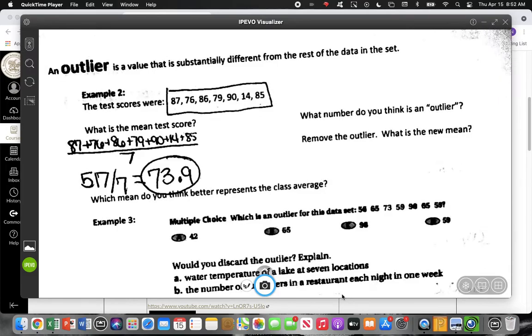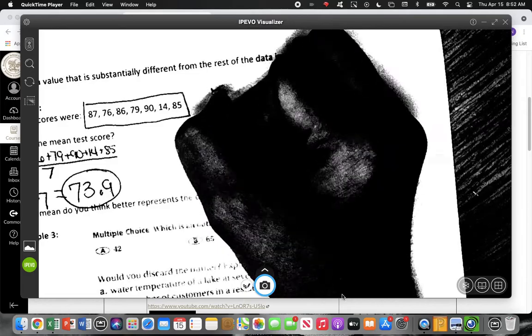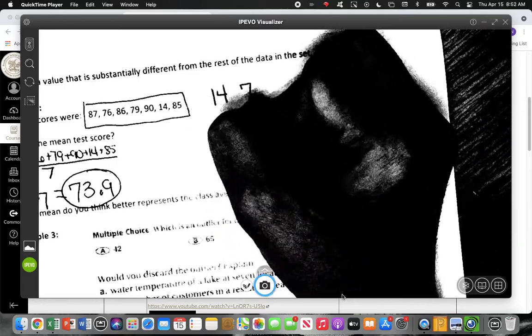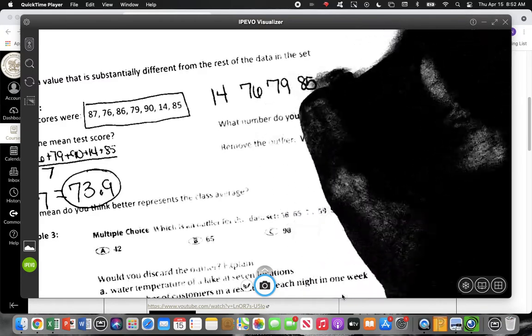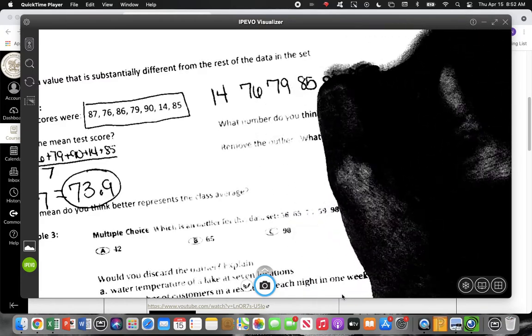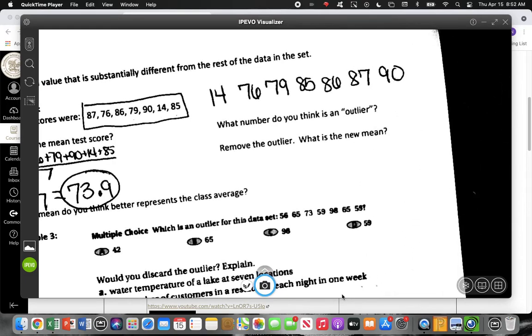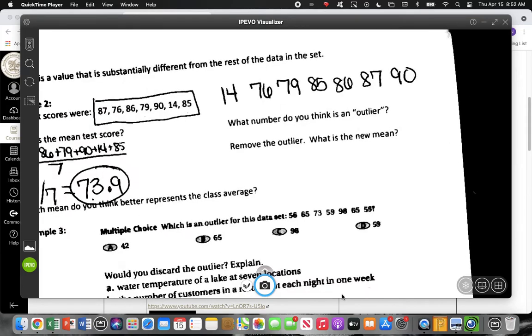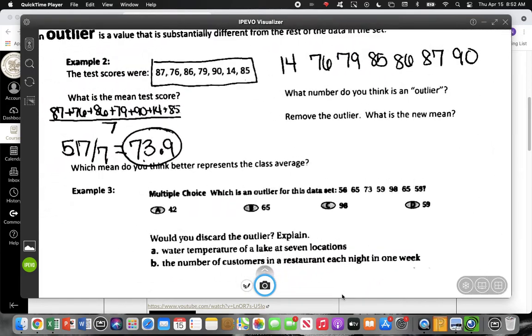Now, I want you to look at these, and maybe it helps if we list these in order. I think this is a little bit easier to see. So the average of this list is 73.9. Do you think any of them is an outlier?